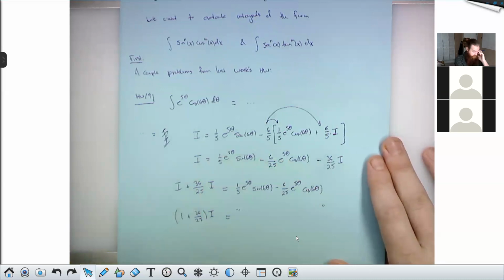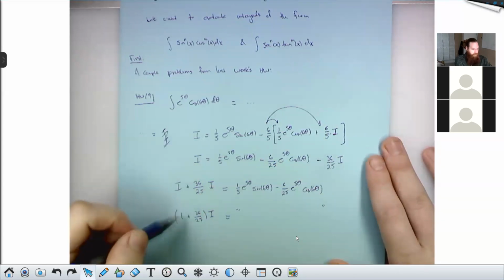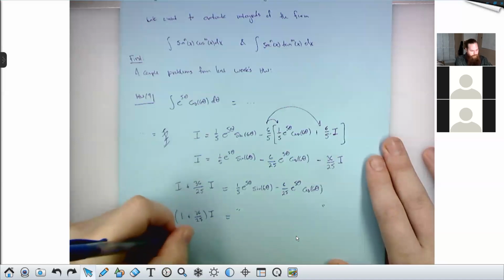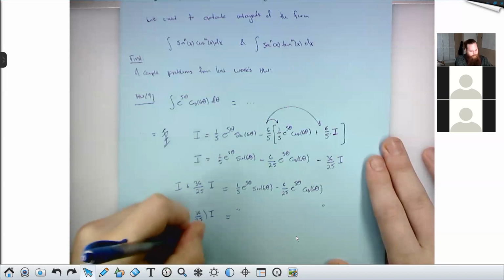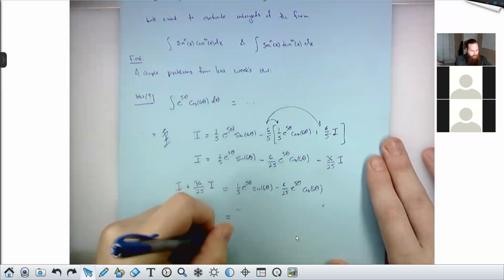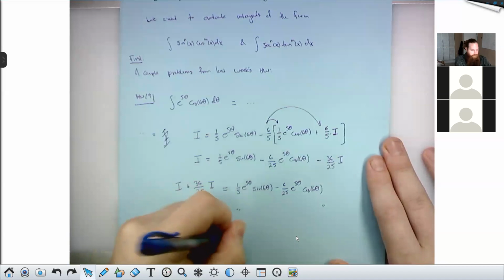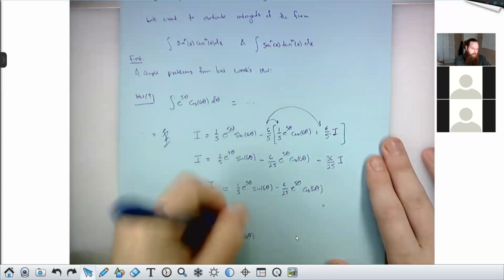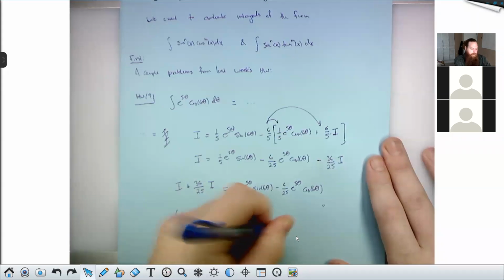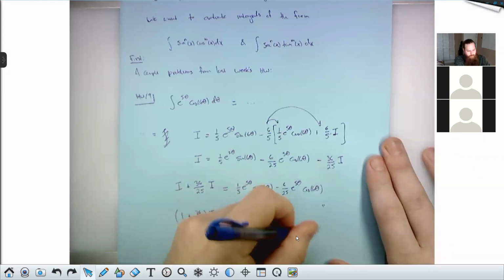So you have to add the numerators, 25 plus 36. Well, if that was 20 plus 30, that would be 50, and then 5 plus 6 is 11, so that's 61/25 I equals, and then that's still that same thing, 1/5 e to the 5 theta sine 6 theta minus 6/25 e to the 5 theta cos 6 theta.